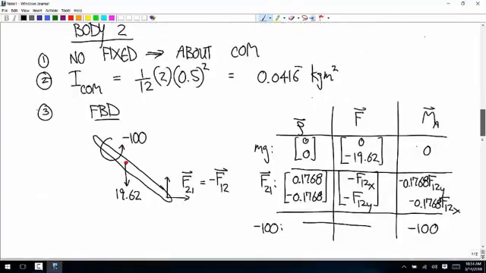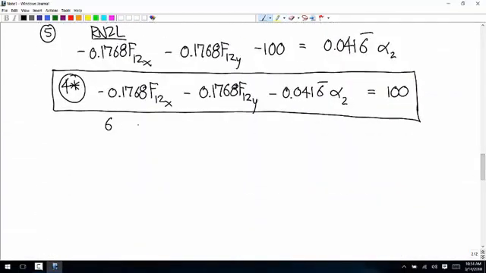So let's think about what those variables are. Well, we have F12. We have acceleration of the center of mass of 2. We're assuming that the ball is just sort of part of that member.